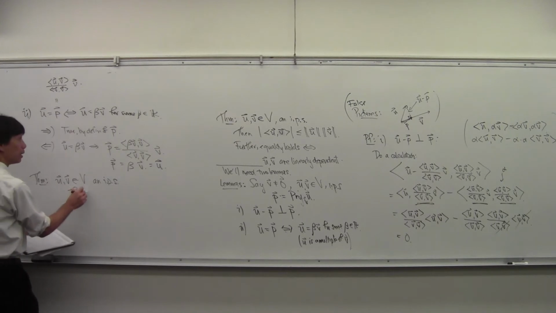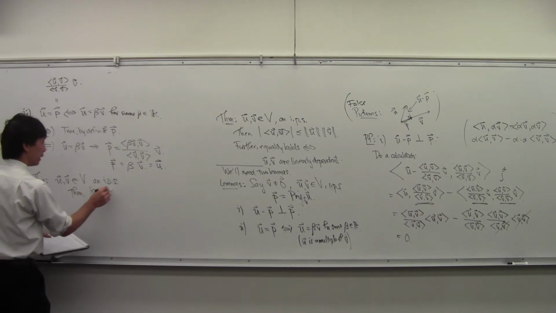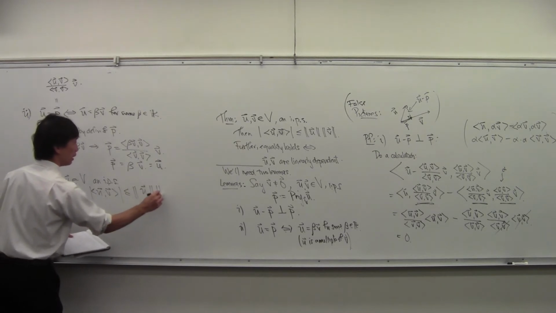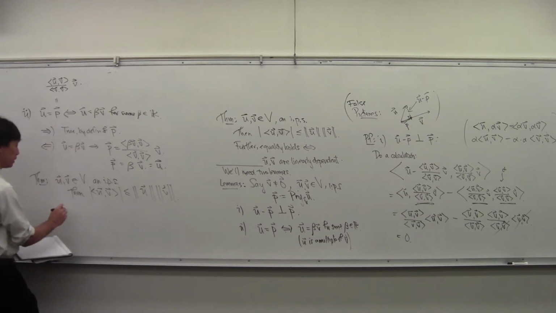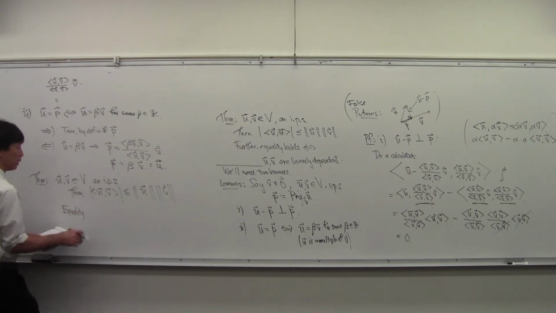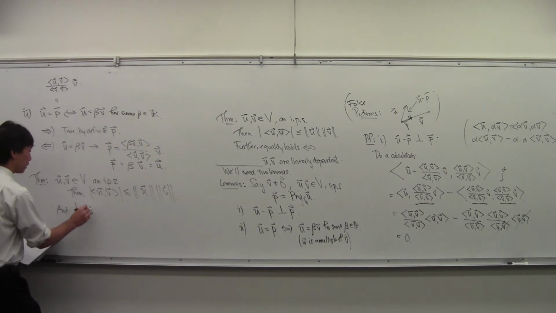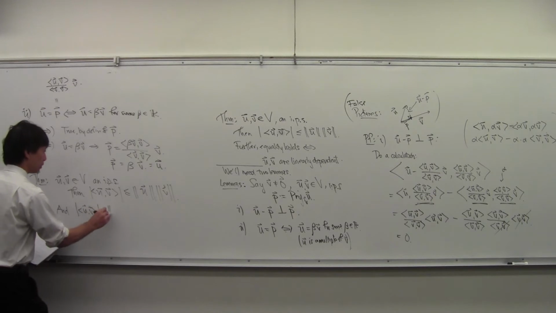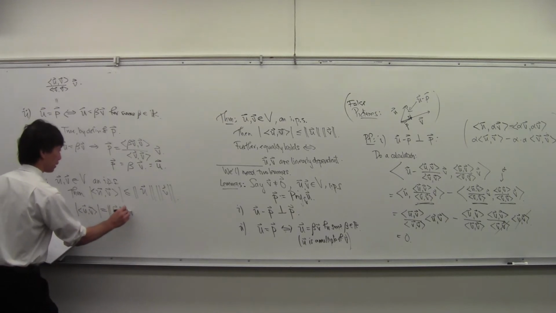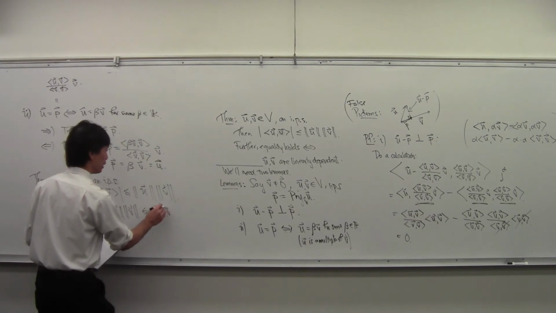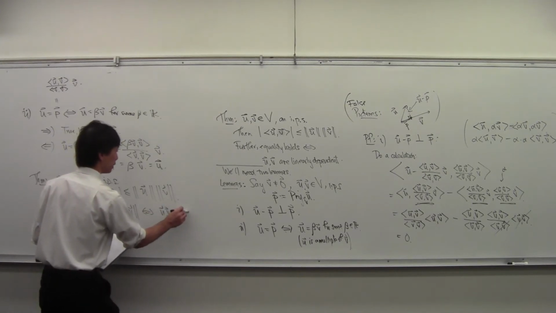Then the absolute value of the inner product is less than or equal to the product of the magnitudes, and equality holds if and only if U and V are linearly dependent.